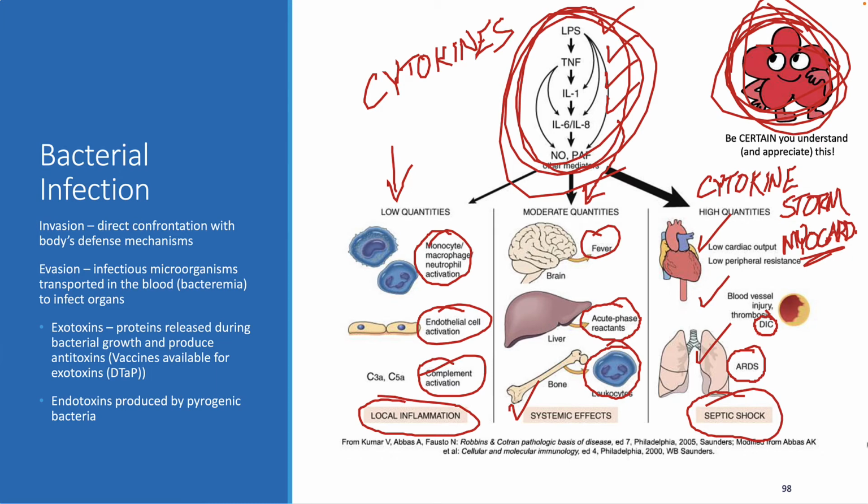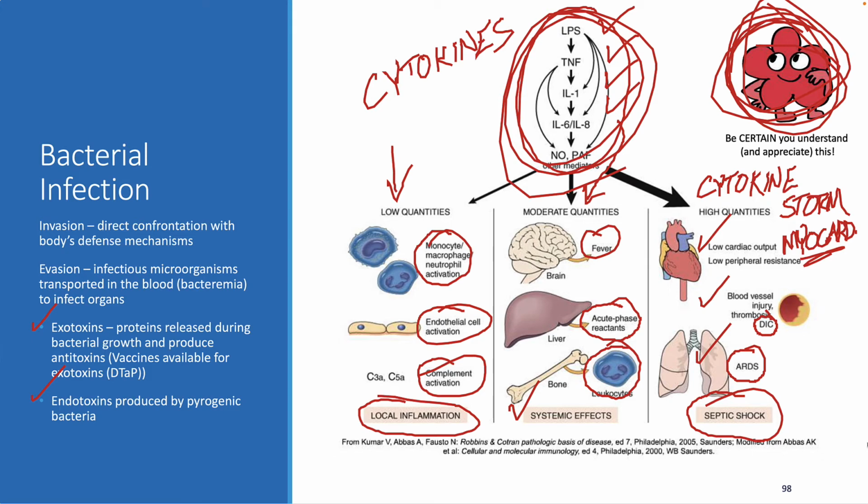Okay? Other things for you to know about are endotoxins and exotoxins. So exotoxins are usually from gram-positive organisms, and these are proteins that are released during bacterial growth, and these antitoxins can be given through vaccine.